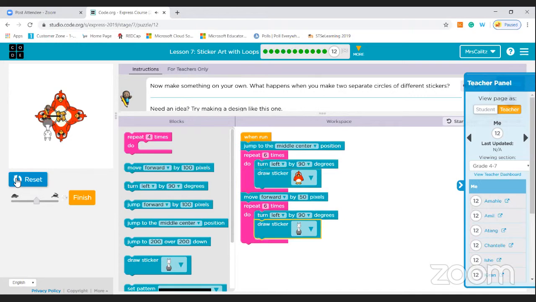Are you guys doing this on your computers? How can I make the 2 circles separate from each other? Who can tell me? Do I need to maybe jump, say, 100 pixels?